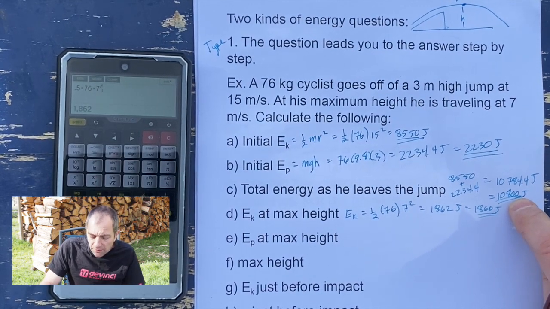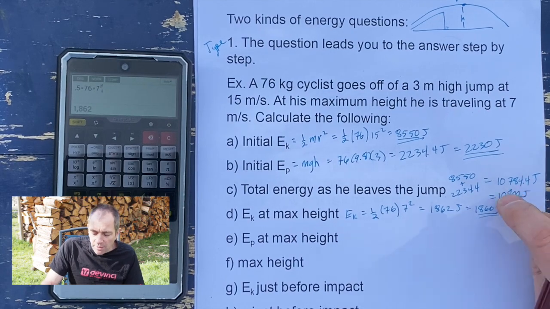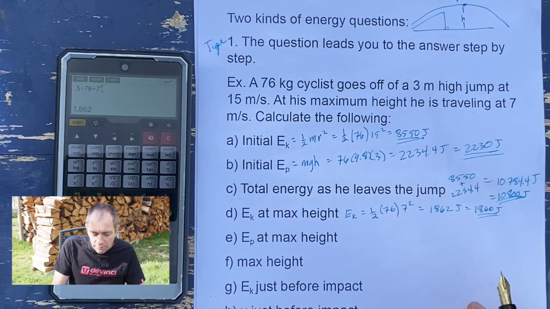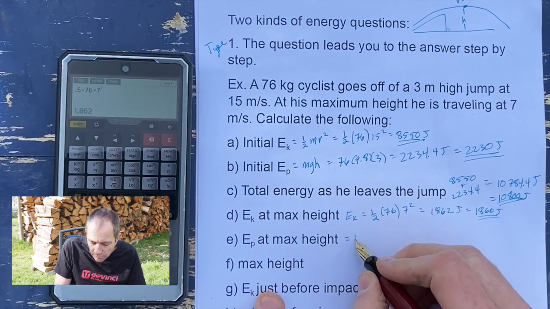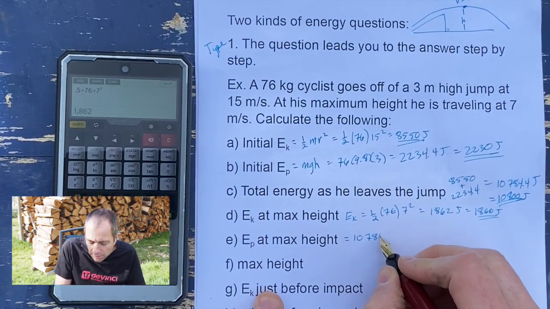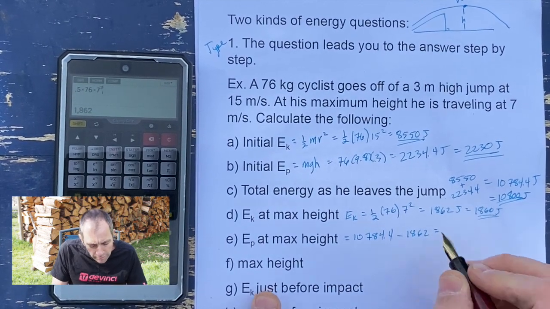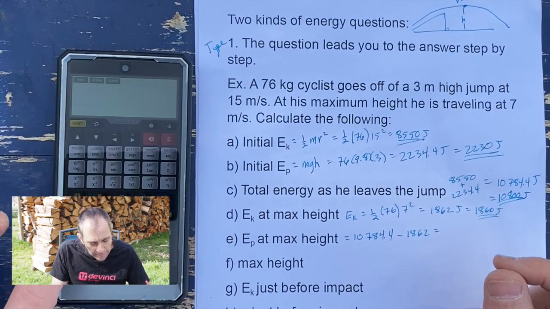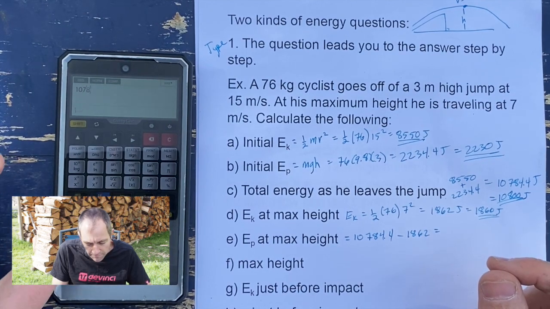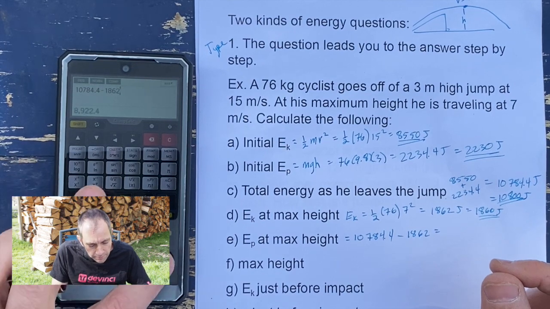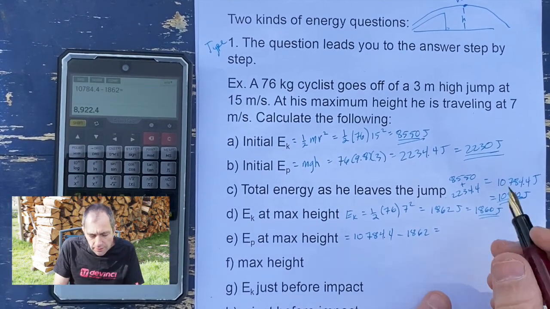So to figure out his EP at maximum height, we're going to subtract those two numbers, the unrounded ones. So that's 10784.4 take away 1862, and we get 10784.4 minus 1862 equals 8922.4.